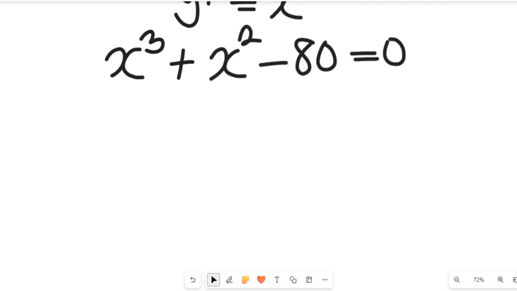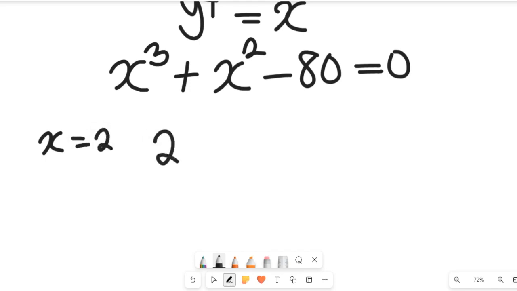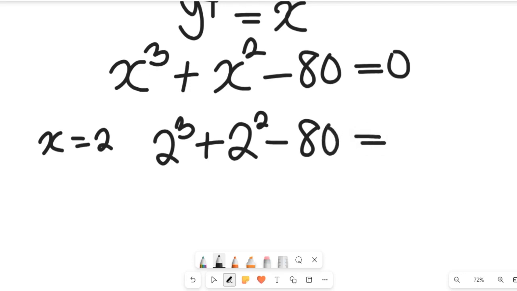Now if we take our x to be equal to 2, what are we going to arrive at? We're going to arrive at 2 to the power of 3 plus 2 to the power of 2 minus 80. Will this give us 0?